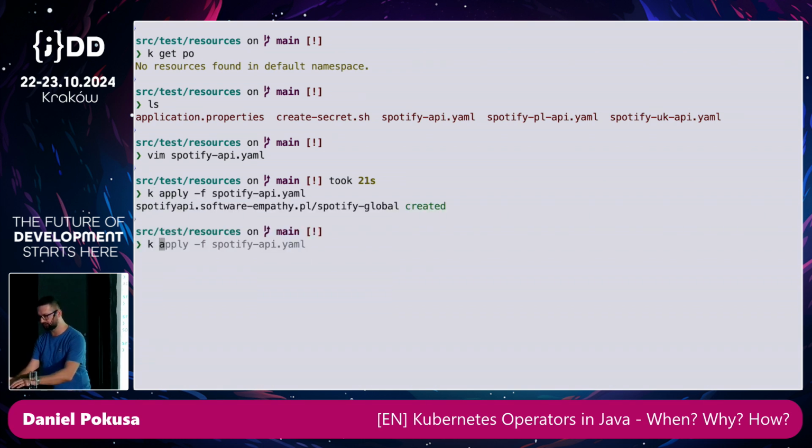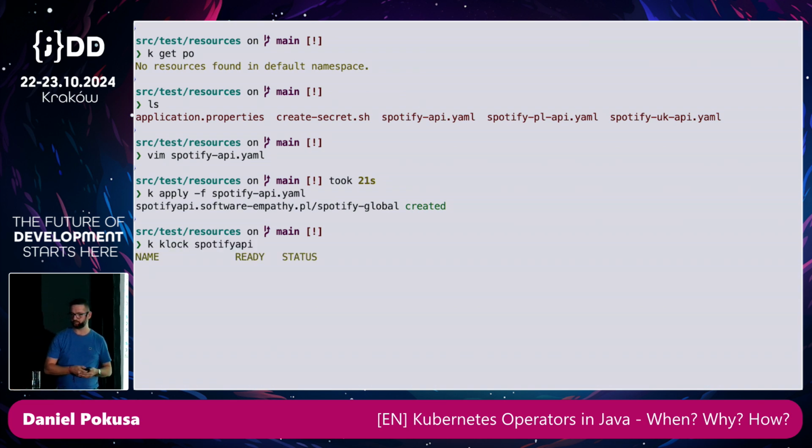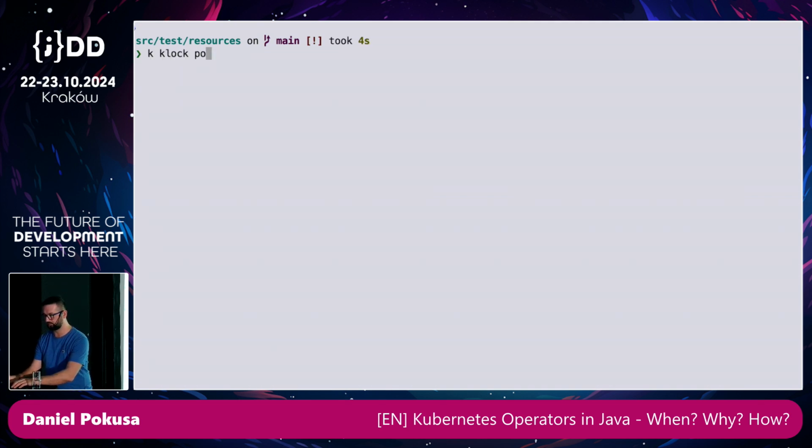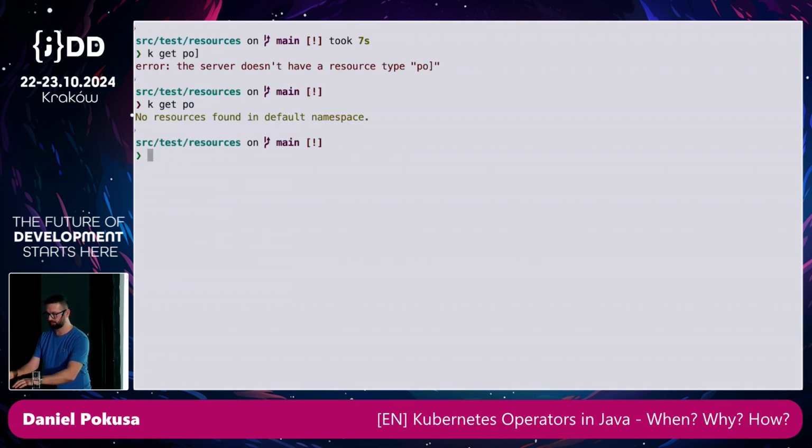Let's see what happened. Okay, get Spotify API. That's an input and output. I'm not sure if that will work, but okay, get po will probably work. Why is that not working? Oh, I don't have internet here.